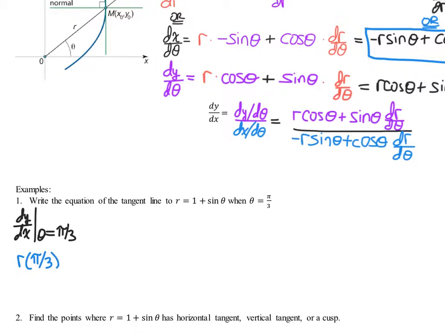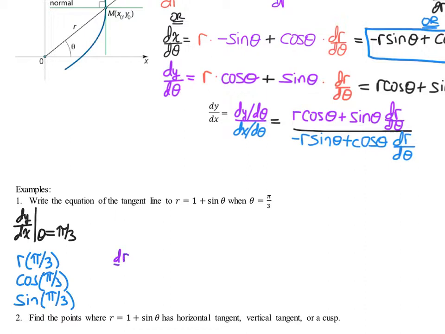If all I'm going to do is substitute in 1 plus sine of theta for r, and then replace the theta with pi over 3, why not just figure out the r of pi over 3 right off the bat? Then I'd figure out the cosine and sine of pi over 3, and then I would need the derivative at pi over 3, dr d theta.